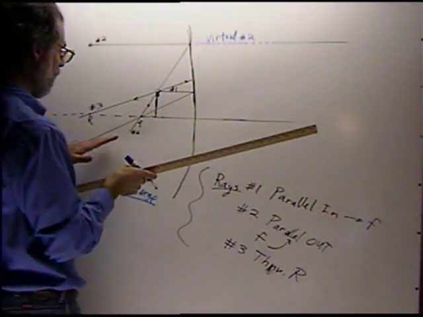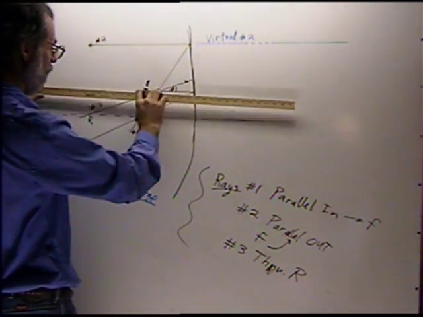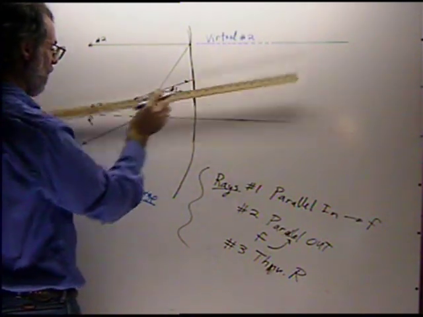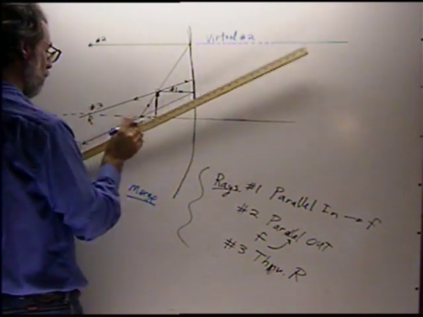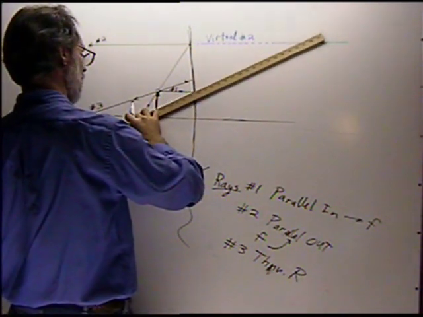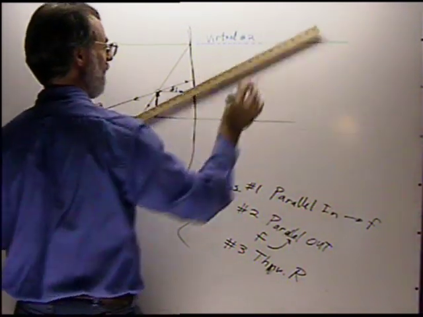Let's do that to ray number 1. Remember, ray number 1 goes in this way, but it comes out this way. So where would it extend back to? If we take that ray and we extend it back, it would come back to here.